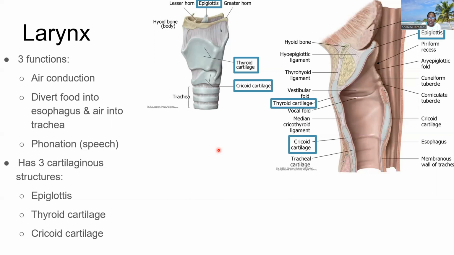The larynx also has cartilaginous structures associated: the epiglottis, which is partially formed by cartilage, the thyroid cartilage, which is the superior part of the larynx, and the cricoid cartilage, which is an inferior cartilage portion of the larynx as well. And just to look at what those look like without the mucosa, here's our thyroid cartilage.